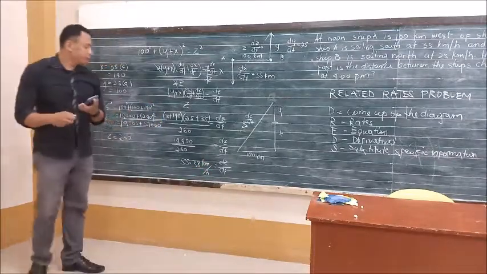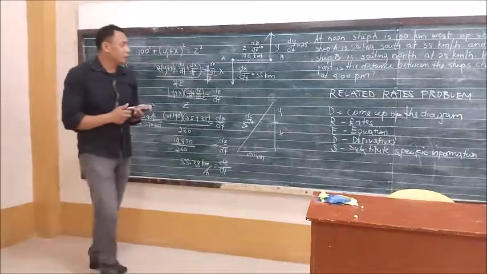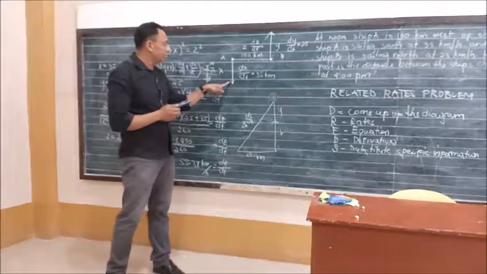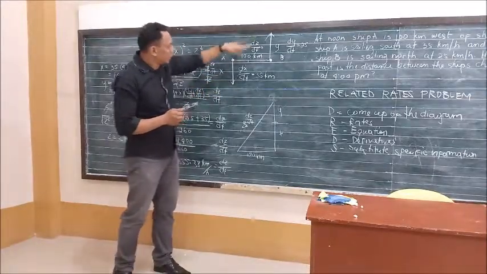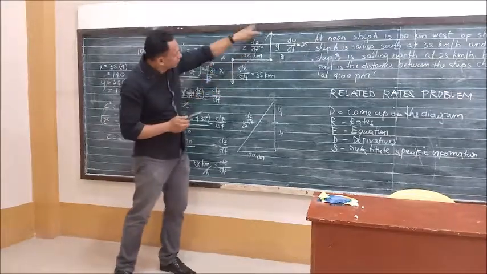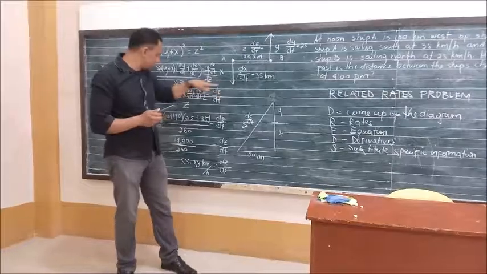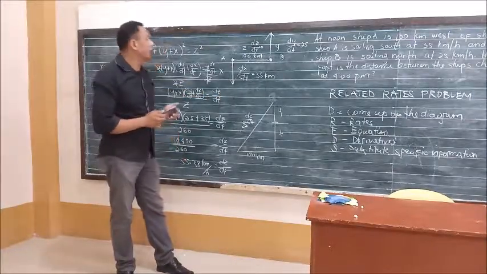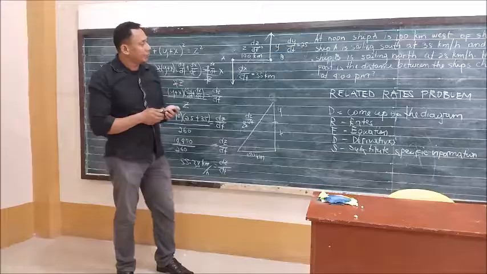So what does it mean? 55.38 kilometers an hour. This means that the distance between these two ships is changing at 55.38 kilometers per hour at 4 p.m.